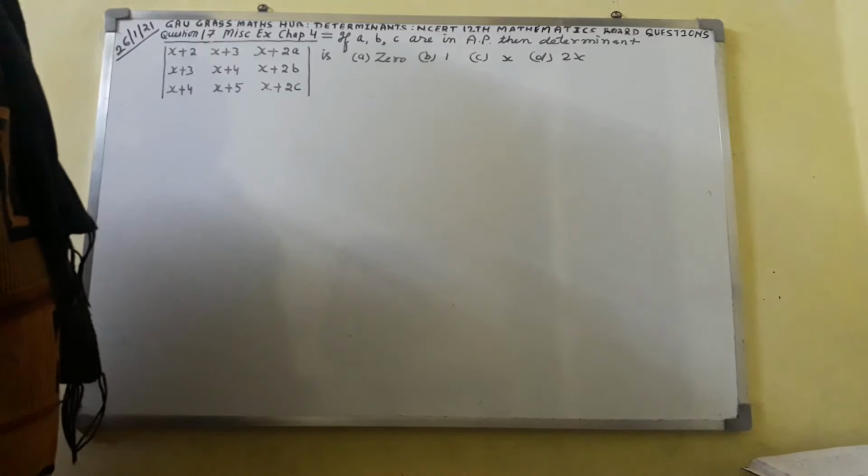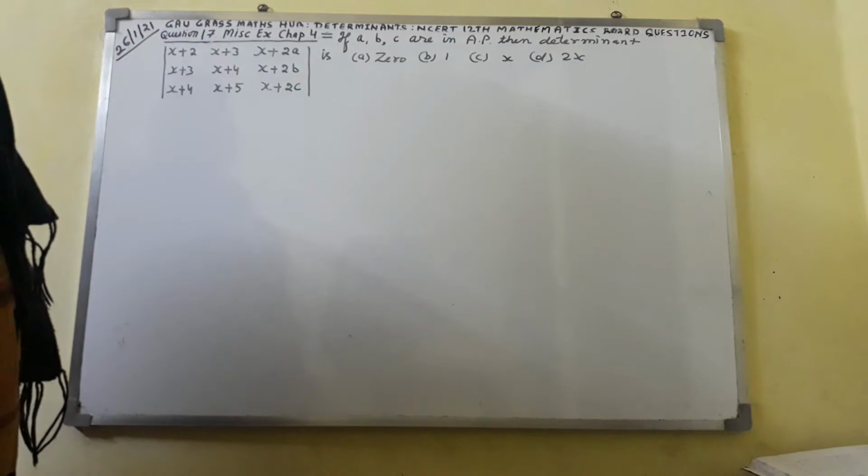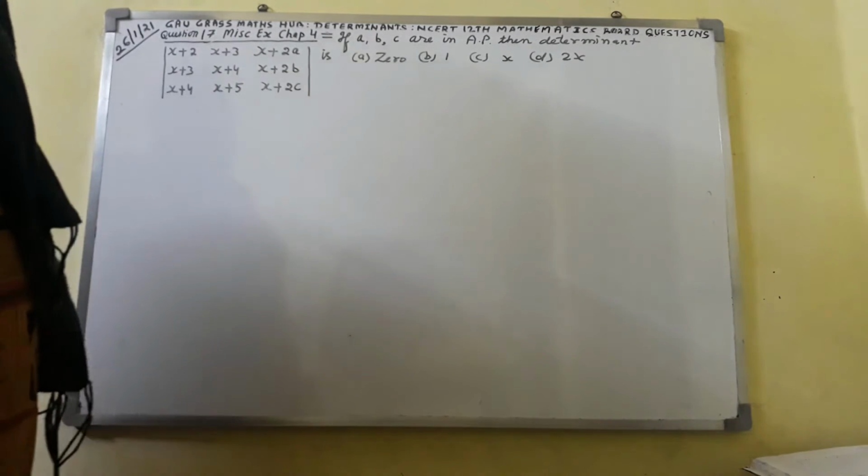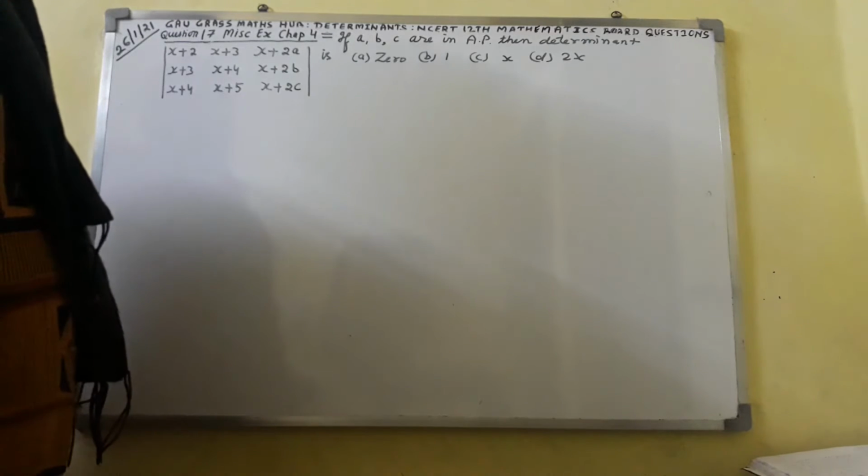I am going to discuss MCQ type question number 17 that has been taken from Miscellaneous Exercise Chapter 4 Determinants, NCERT Class 12 Mathematics.